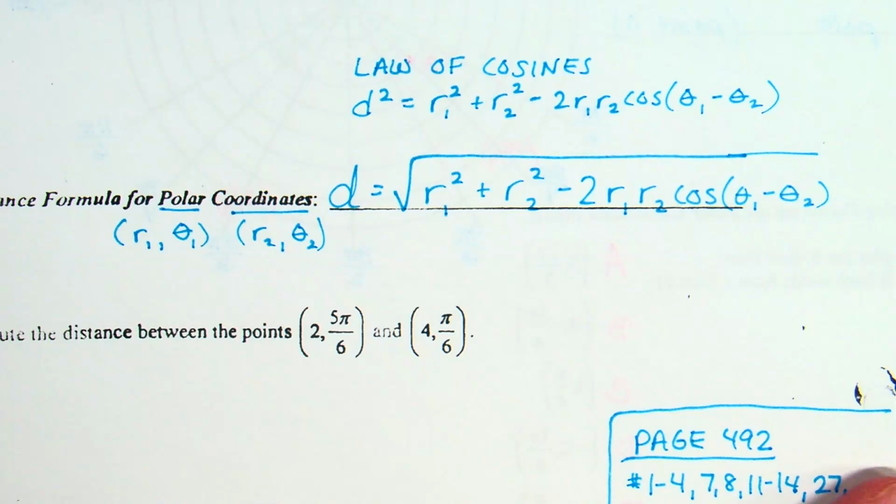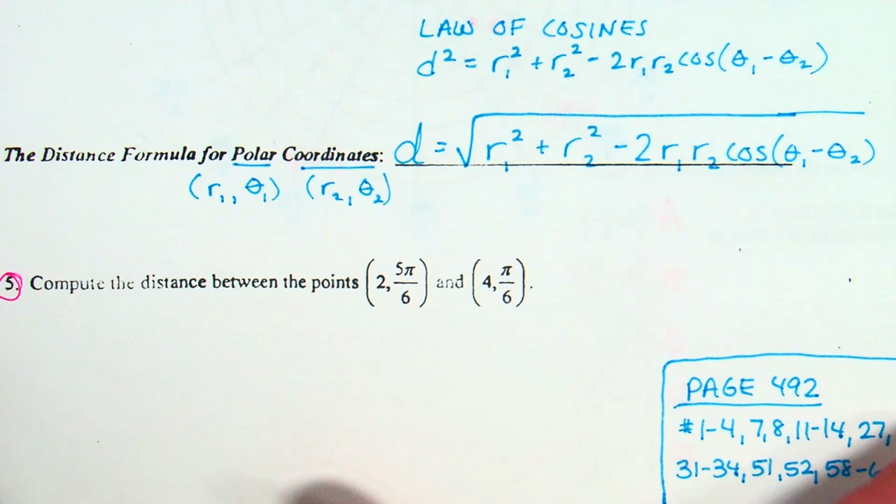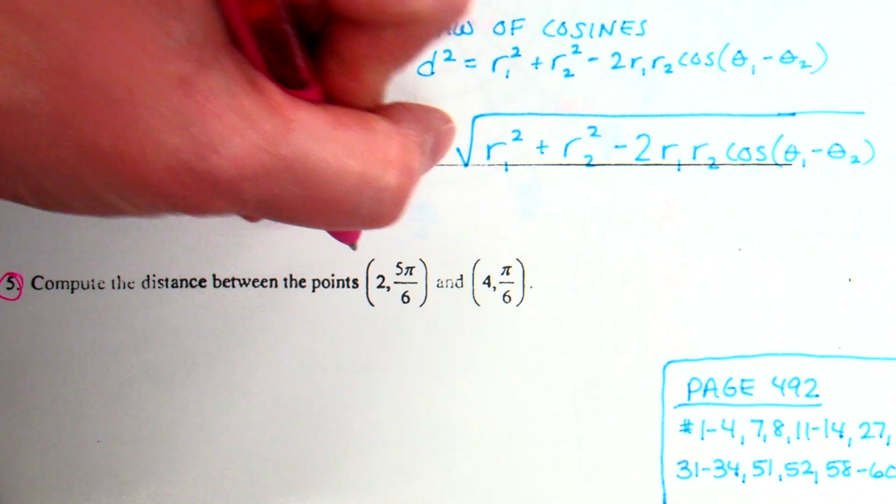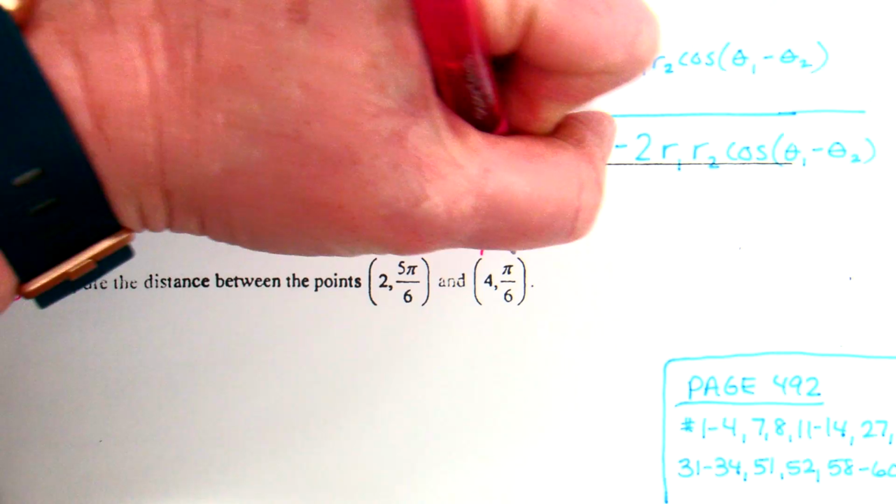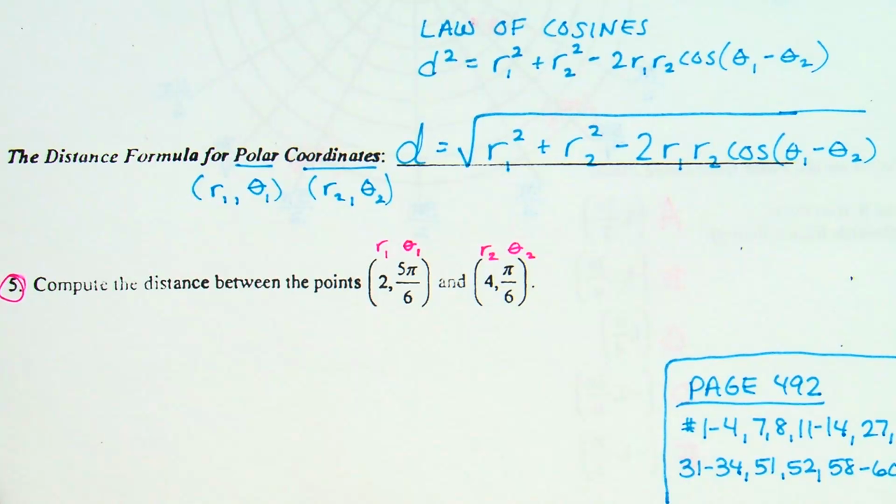Compute the distance between the points (2, 5 pi over 6) and (4, pi over 6). So what are we given here? Two polar coordinates, which means we're given R1 theta 1, R2 theta 2. Officially it doesn't matter which you make your 1 or 2. It's going to work out the same in the end.